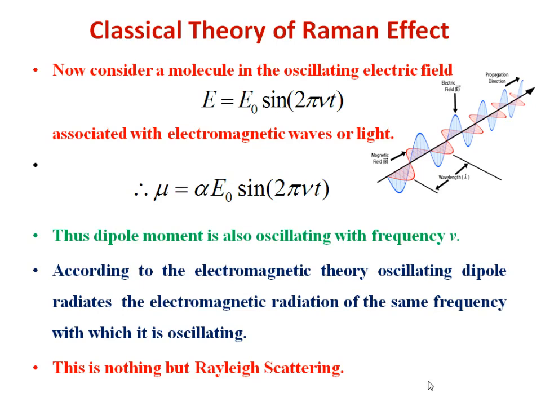Since the dipole moment of the molecule depends on the electric field, the dipole moment is also oscillating with frequency nu. According to the electromagnetic theory, an oscillating dipole radiates electromagnetic radiation of the same frequency with which it is oscillating. This gives rise to Rayleigh scattering.